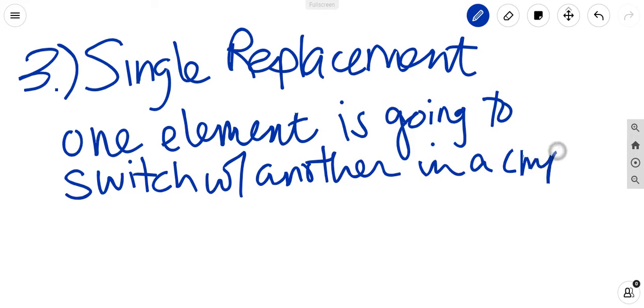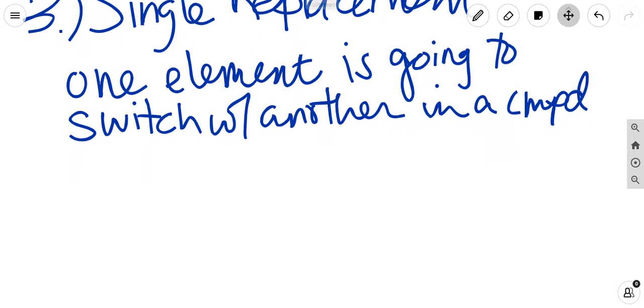One element is going to take the place of another and kick it out of the compound. This could be like playing soccer, volleyball, basketball, lacrosse, any sport that requires a sub. One person subs in, so therefore one person subs out. That's what a single replacement reaction is.